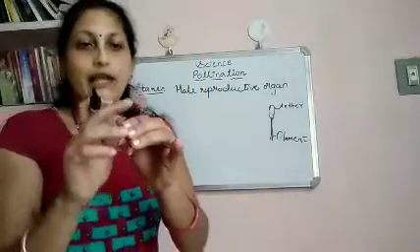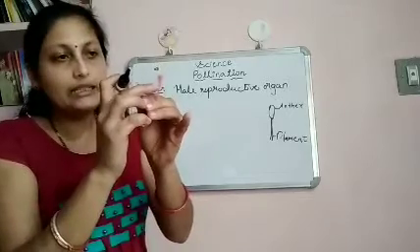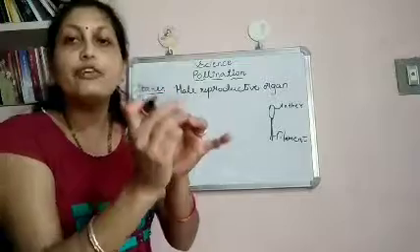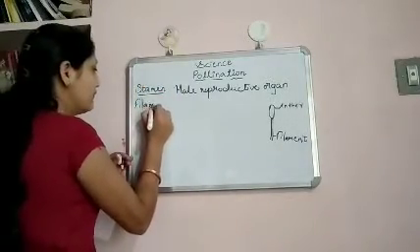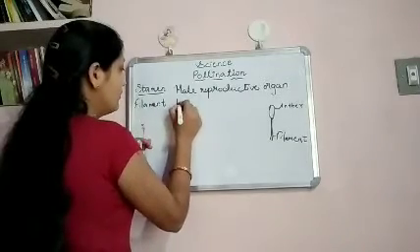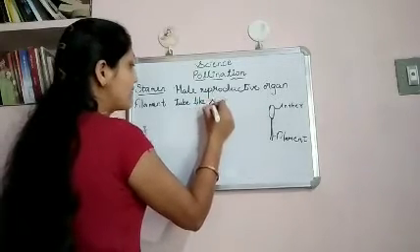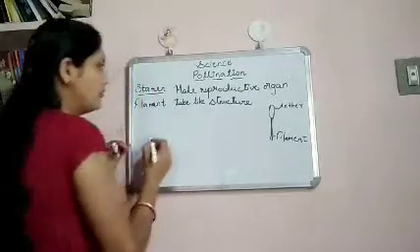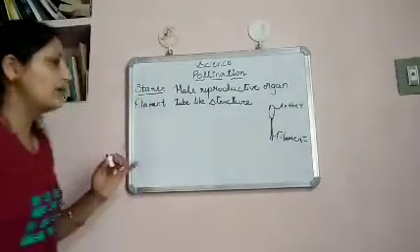That is the anther, and below that there is a small thin tube-like structure, a thin hair-like structure, that is called the filament. Filament. Tube-like structure called the filament.